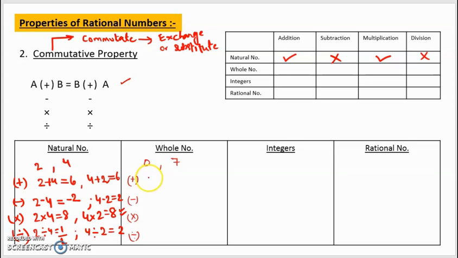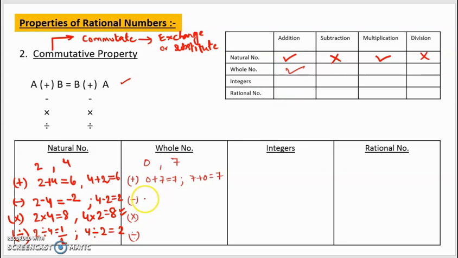Let us add 0 and 7. 0 plus 7 gives me 7. Now exchange the positions: 7 plus 0 gives me again 7. So whole numbers follow the commutative property for addition.